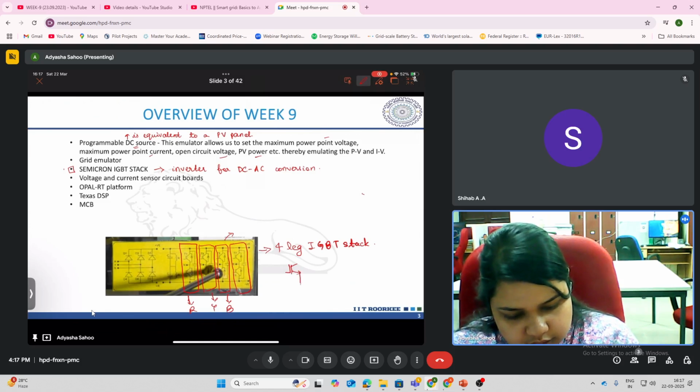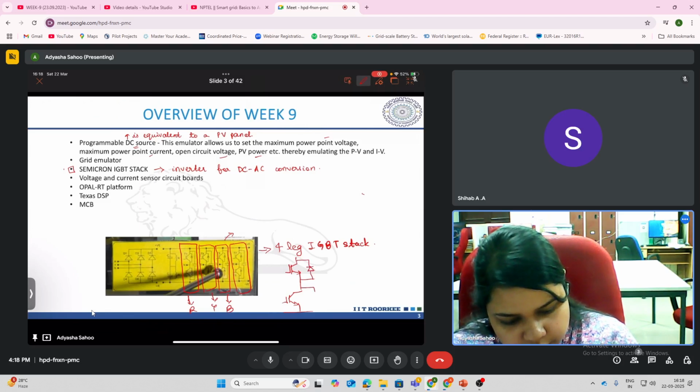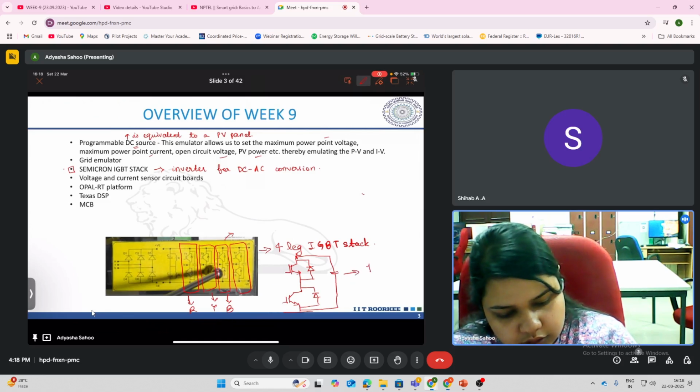Each leg consists of two IGBT modules, with their body diodes across them, and then a capacitor across them. This is one leg of the inverter.